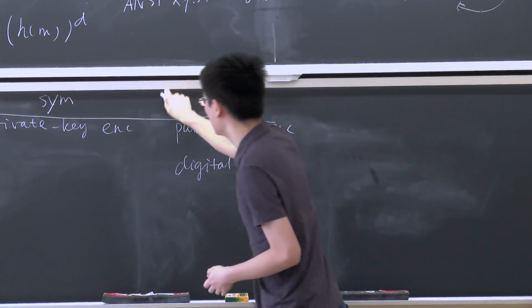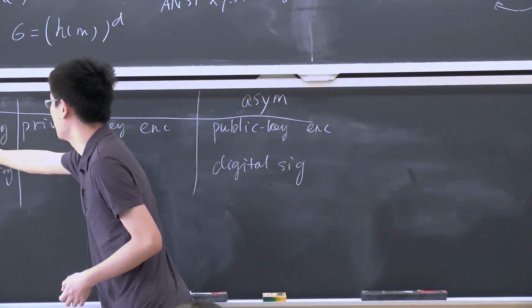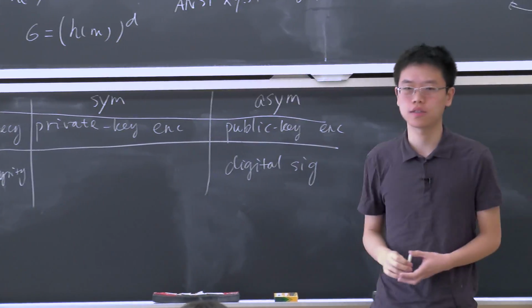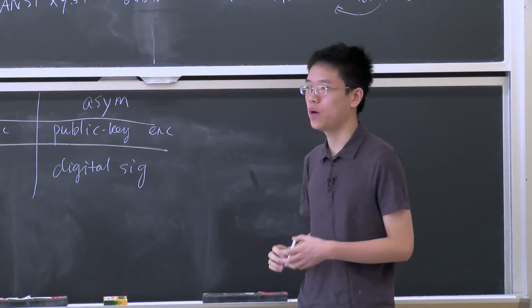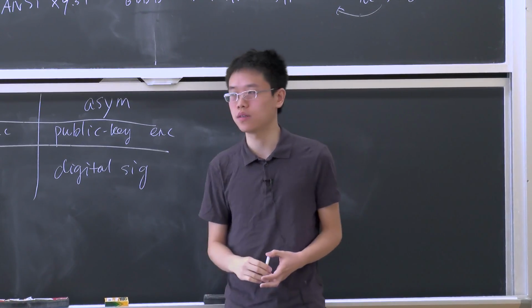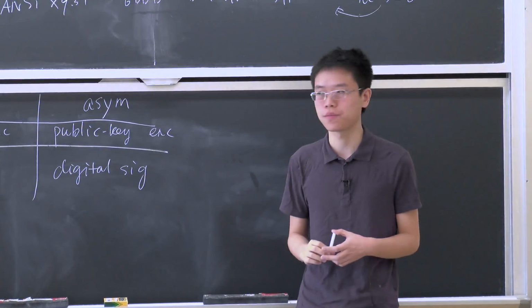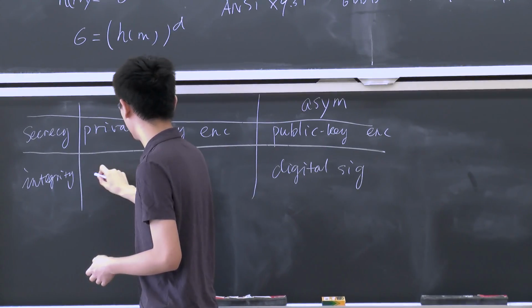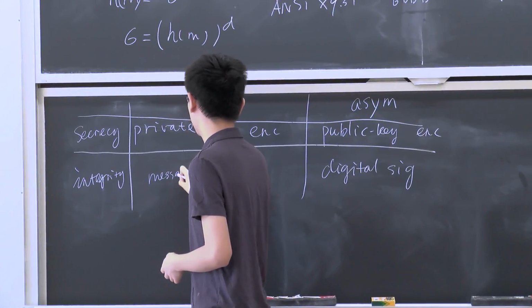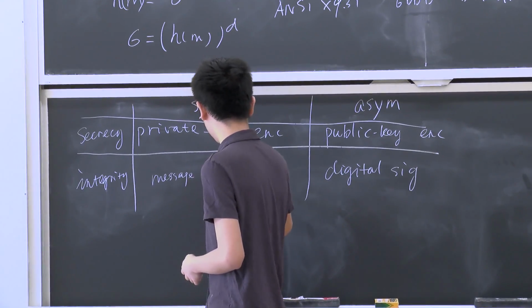Okay, so you can see we are missing one primitive here. What if the 2 parties do share a secret key, and one party wants to verify that the message indeed comes from the other party? Okay, so indeed, we do have a primitive for that. It's called message authentication code.